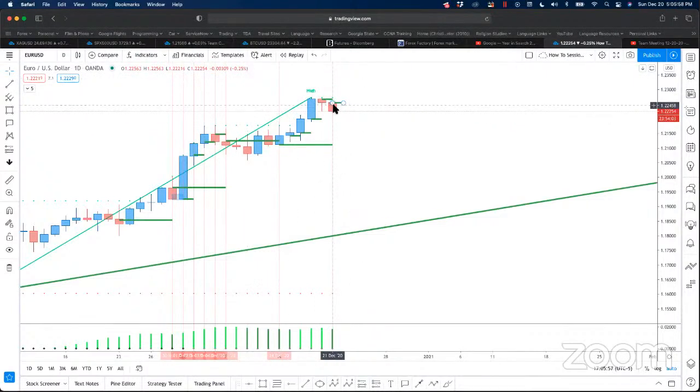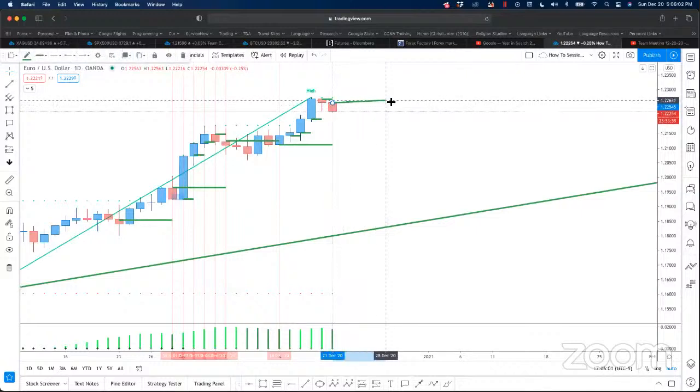Market open now. So guess what? We already have an idea of where to go.